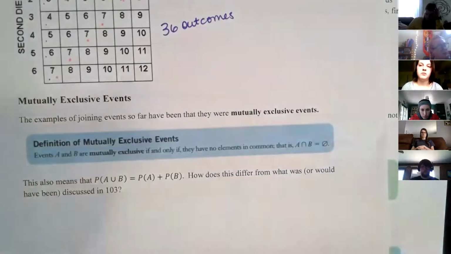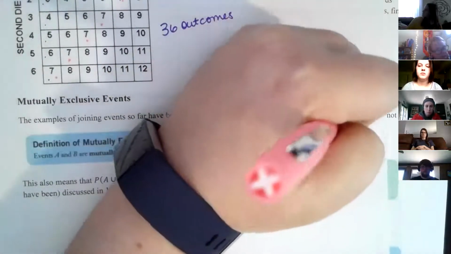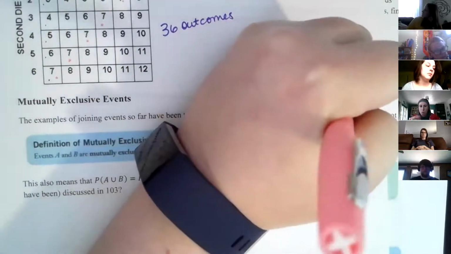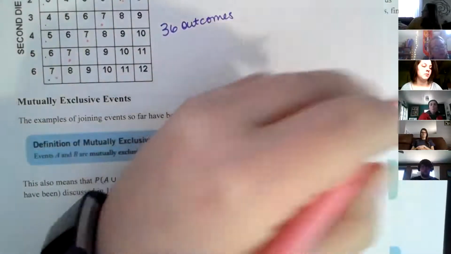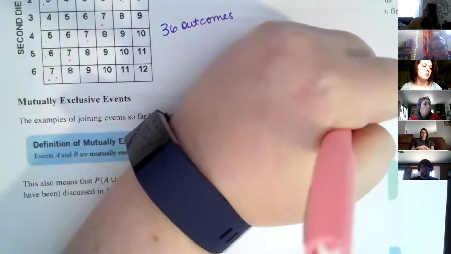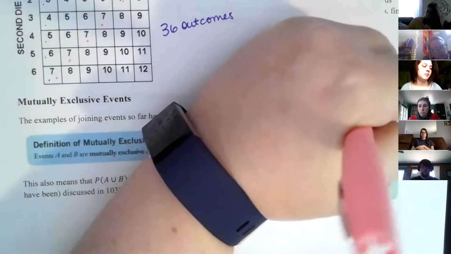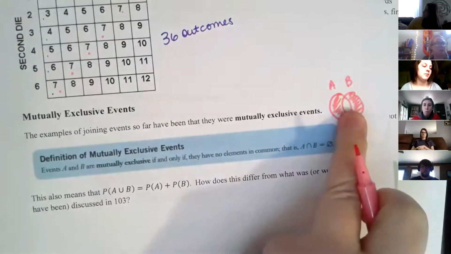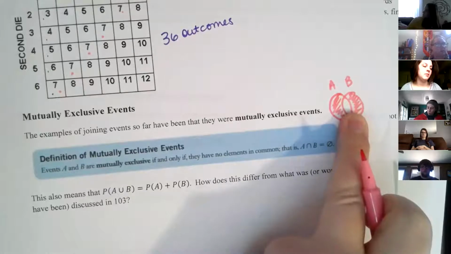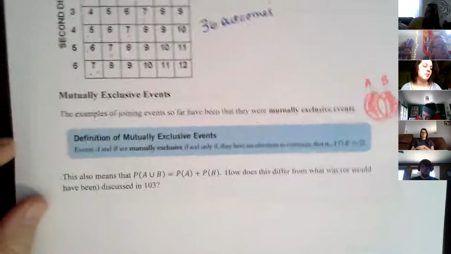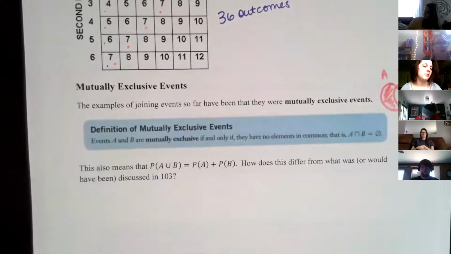So if I look at A and B, A has stuff in it, B has stuff in it, but A and B have nothing shared together. So that would mean that they are mutually exclusive, or disjoint.